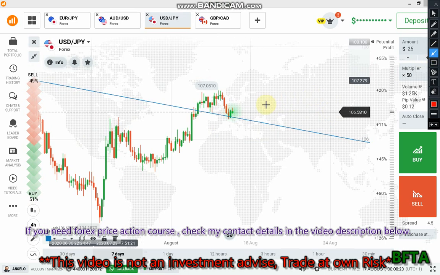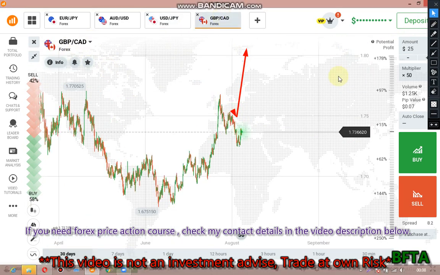So if the market comes back and tests this trend line, then we are buying the USDJPY. So we look for a buy setup on USDJPY.